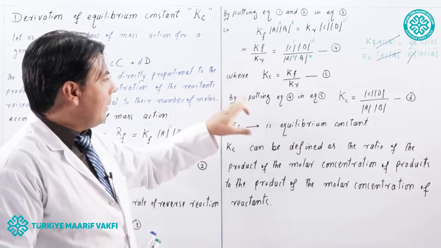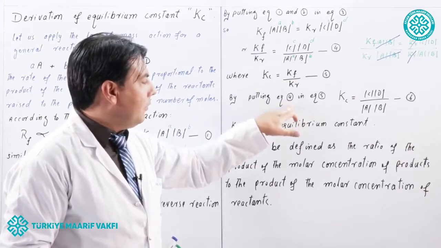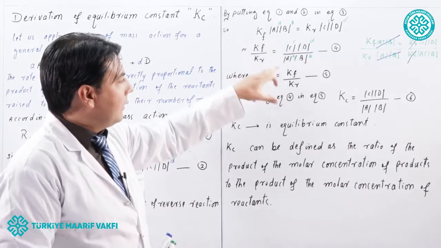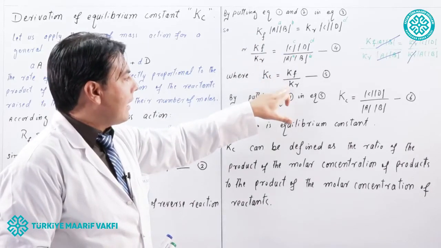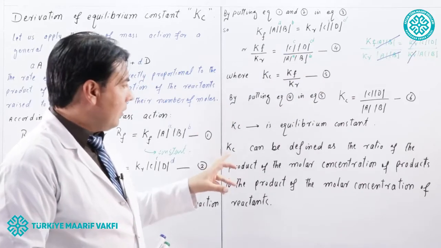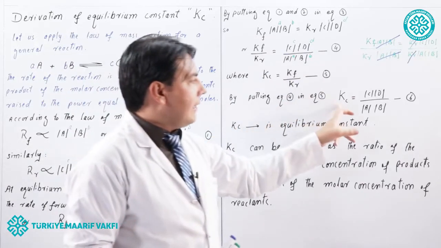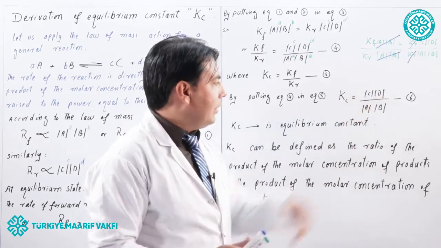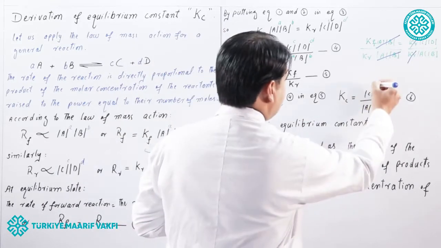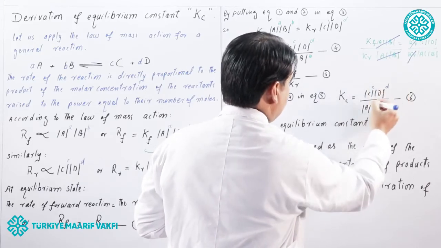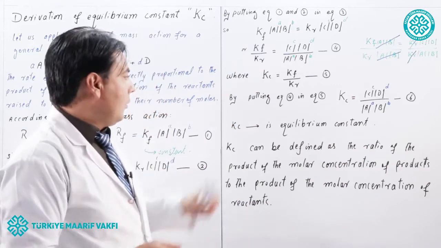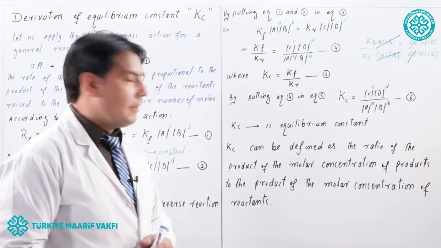Now, by putting equation 4 in equation 5, we put the value of Kf over Kr in equation 5. So Kc is equal to [C]^c into [D]^d divided by [A]^a into [B]^b, where Kc is the equilibrium constant.